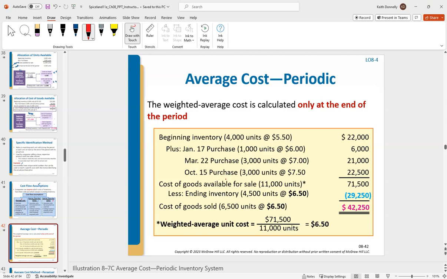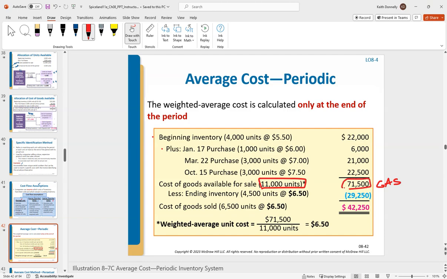So here's a setup with this. They're saying, hey, we have our beginning plus our purchases. That's going to give us our goods available for sale, 71.5. So that's the magic number we're going to be working with, 71.5 in dollars. That was 11,000 units.